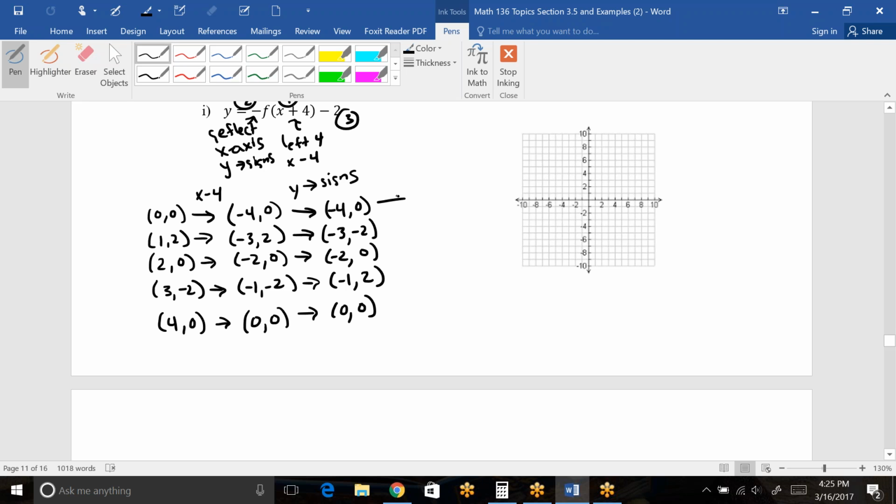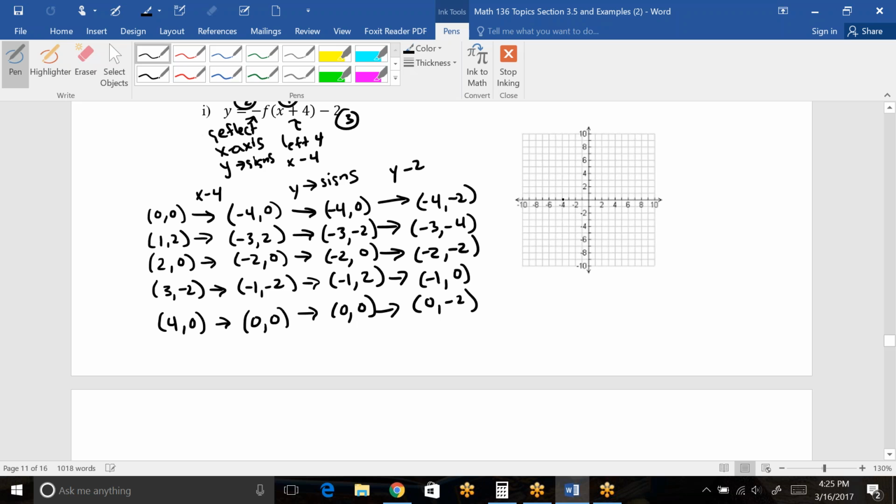My final thing is for my y's to lose 2 because it's a down 2 at the end. So that means all of them are going to get smaller by 2. So -4, -2, -3, -4, -2, -2, -1, 0, because 2 minus 2 would be 0, and 0, -2.